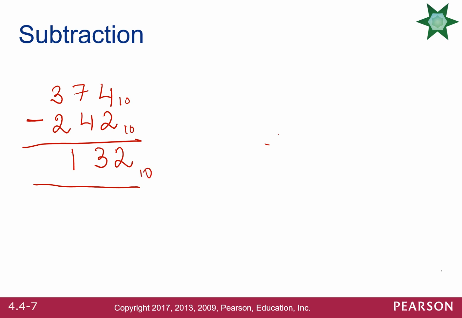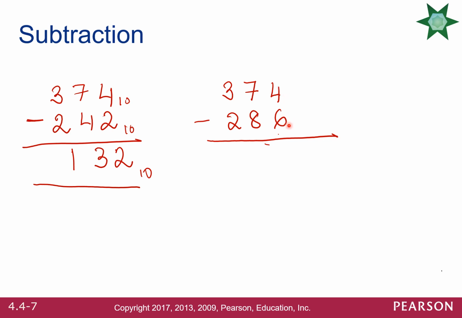However, if we have to perform this subtraction with decimals, let's just make it 374 minus 286. All right, how do we go about this subtraction? We again start with the rightmost column, but here we see that the number on top is a 4 and the number at the bottom is a 6.